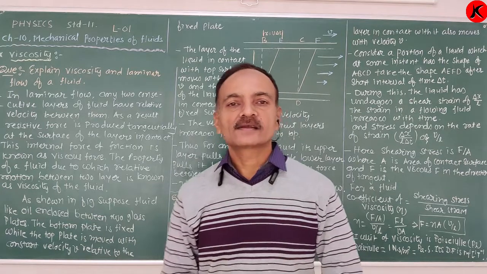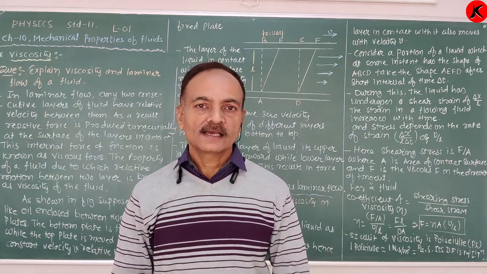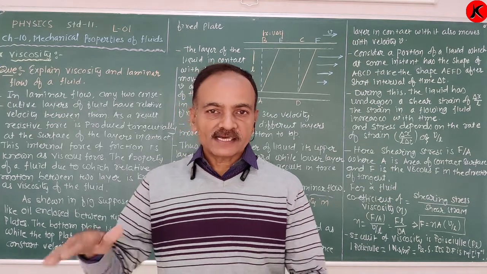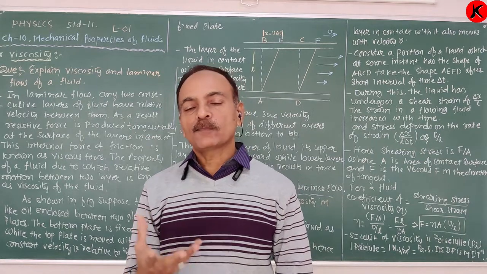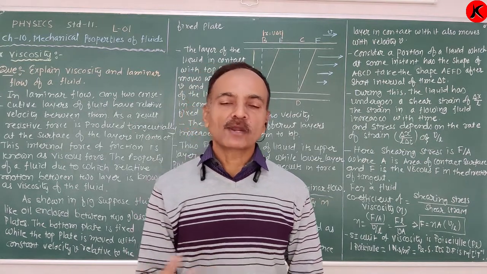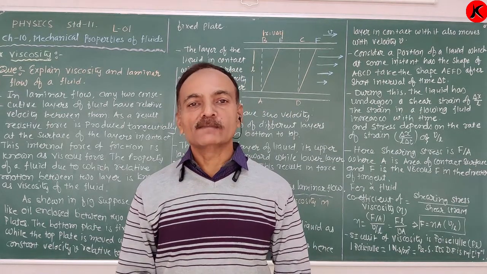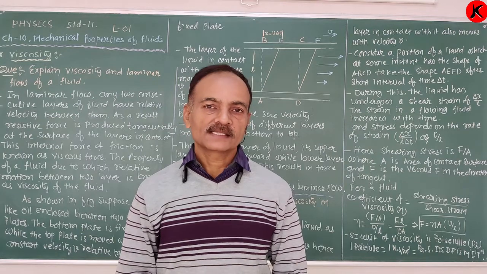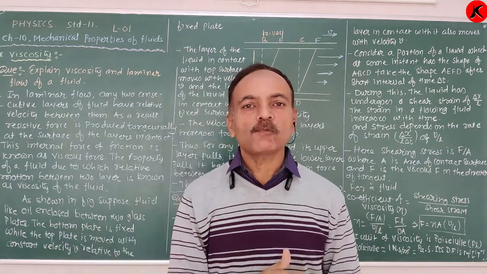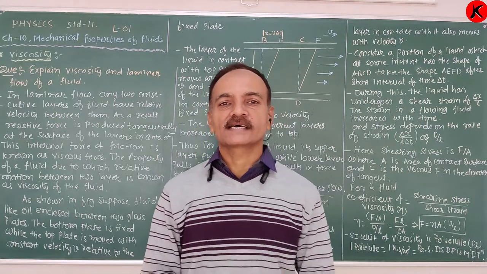What is the reason why all the layers do not have the same velocity? The layer of water in contact with the bottom: here the force between the molecules of water and the molecules of the bottom material is a force of attraction. Therefore, the bottom layer of water which is in contact with the bottom is almost stationary.